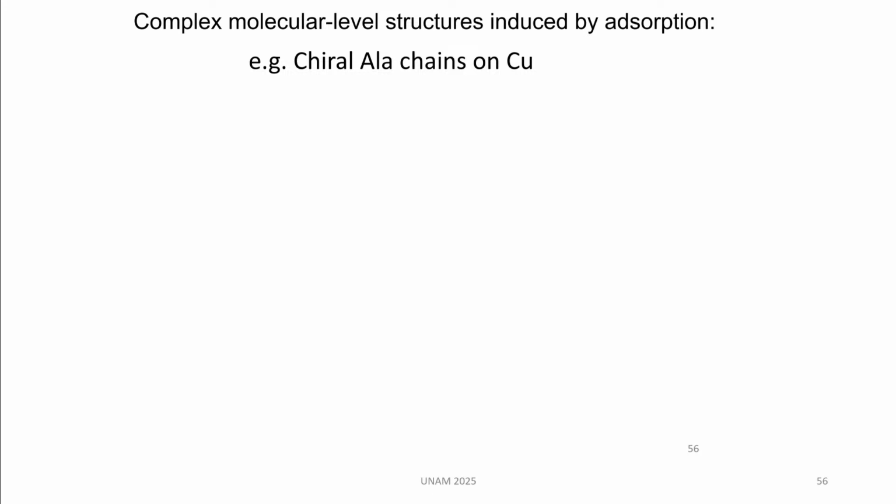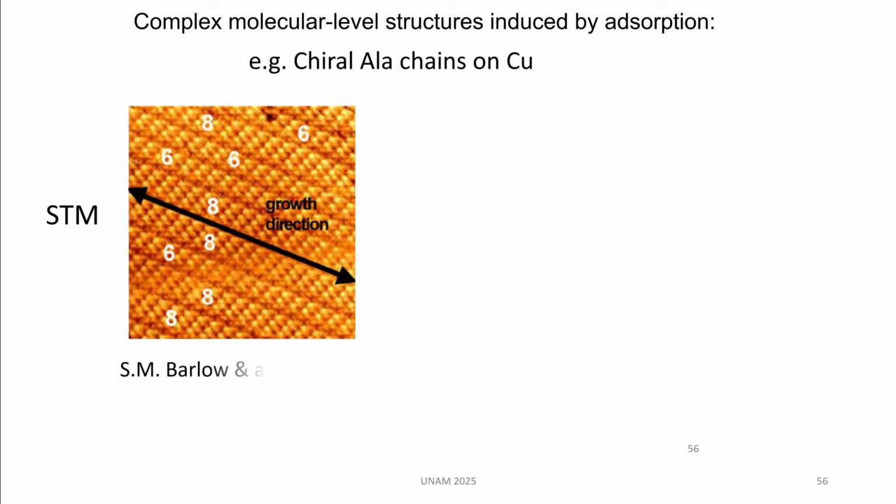Finally, just to show you that the structuring of the surfaces that I showed you in the beginning can induce some structuring of the adsorbed molecule. This is alanine, an amino acid, adsorbed on copper, observed by scanning tunneling microscopy. You see here the individual alanine molecules.